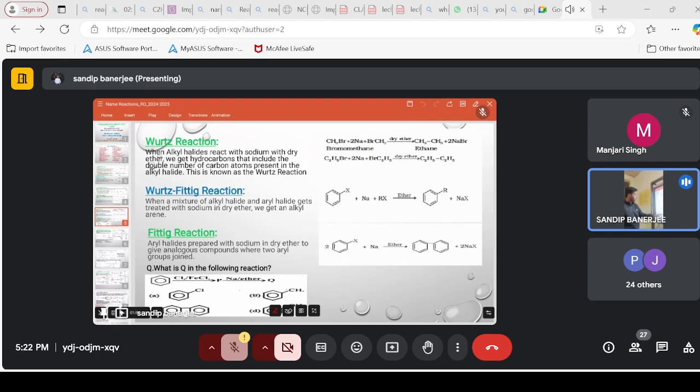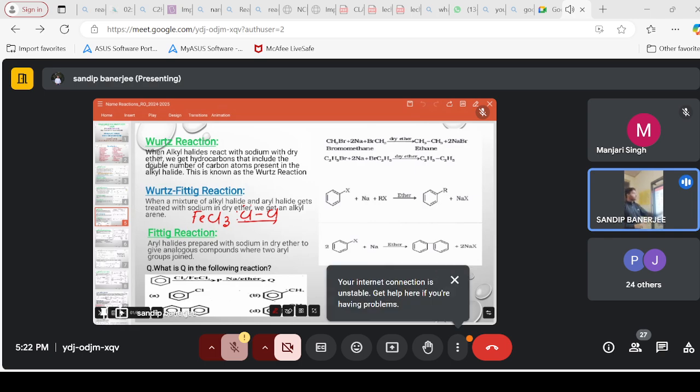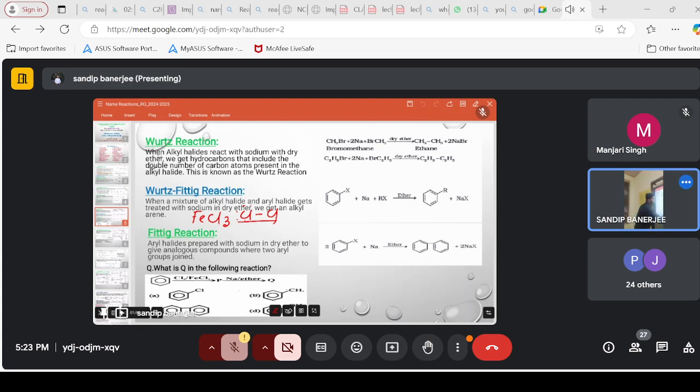I am just giving one hint: in the first stage, this Lewis acid AlCl3 will take one chlorine unit from the Cl2, because AlCl3 is an example of a Lewis acid. Lewis acid means a component lacking electron density, which can satisfy its octet by accepting electron density.